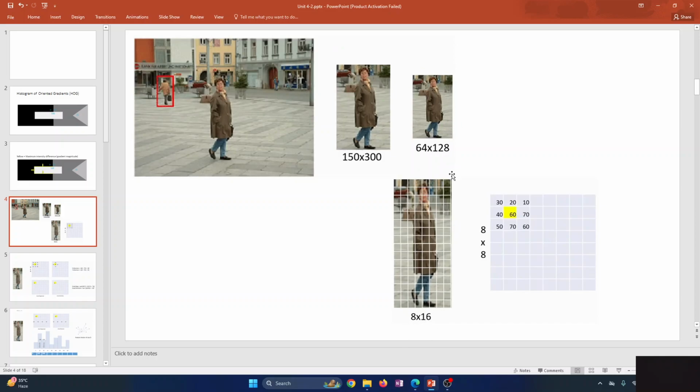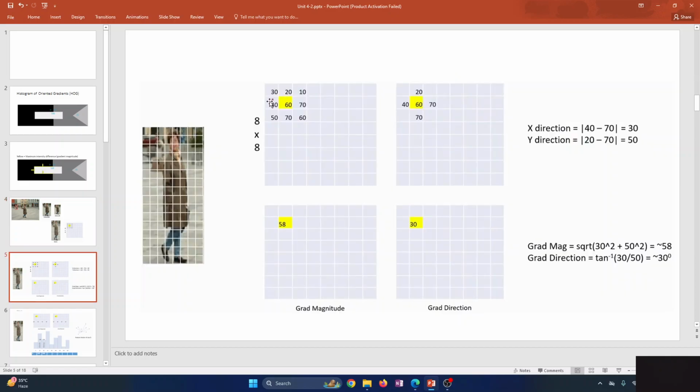It will be divided into further grids, and these grids are called blocks. Inside each block there will be 8 by 8 pixels, and these are called cells. Now we'll simply find the 4 connectedness, find the difference, and take the positive value.